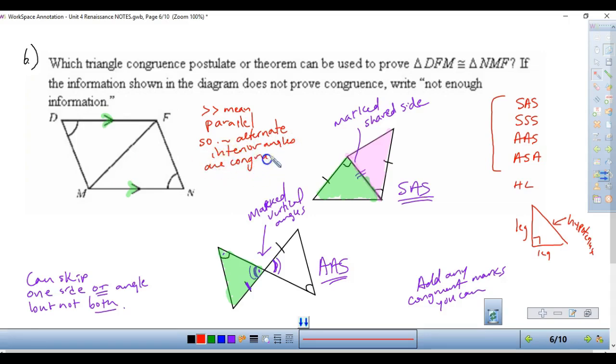So that's going to be useful because if I have two parallel lines cut by a transversal, then I know that alternate interior angles, this one and this one, or you could have used this one and this one, it wouldn't have mattered, same thing, are congruent. So I've got a pair of angles. Now, these two triangles also share a side, so I can mark a side.